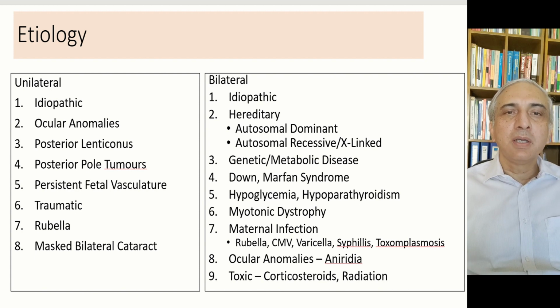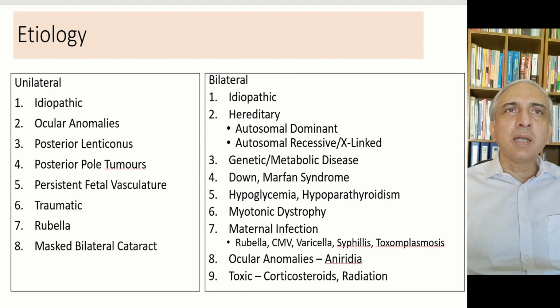But if there's persistence of those vessels, then you can see a posterior persistent fetal vasculature. Trauma is a very important cause of unilateral cataract, and the type of cataract you get is pretty classical in trauma. You can have masked bilateral cataract, and rubella is another thing which we'll go through. Congenital rubella is another entity which causes cataracts.